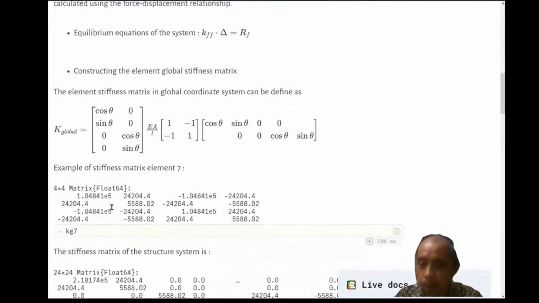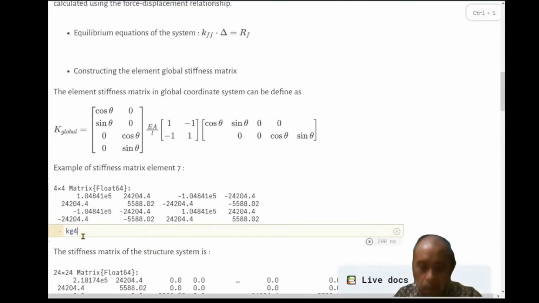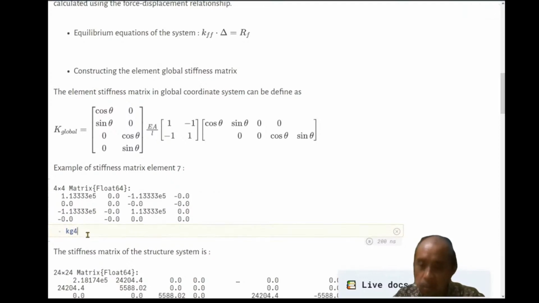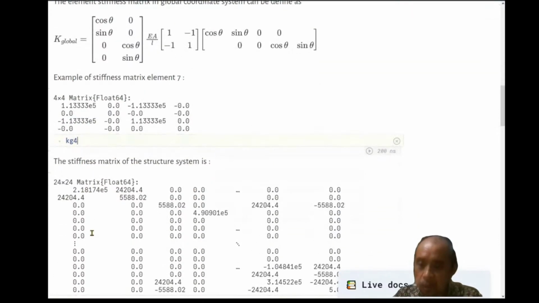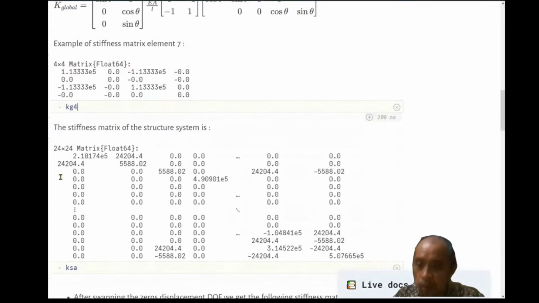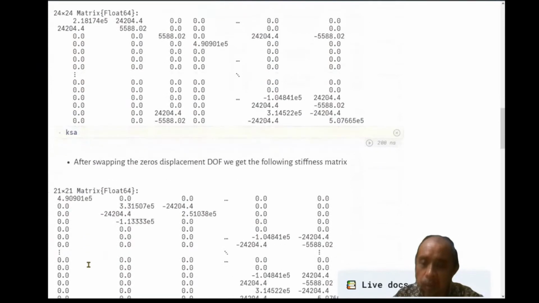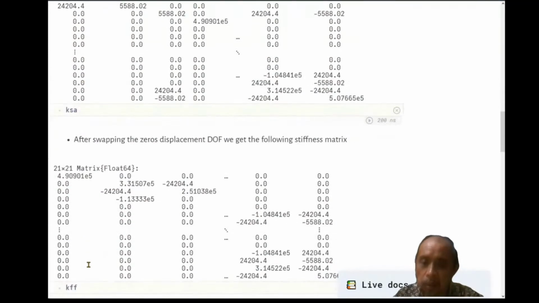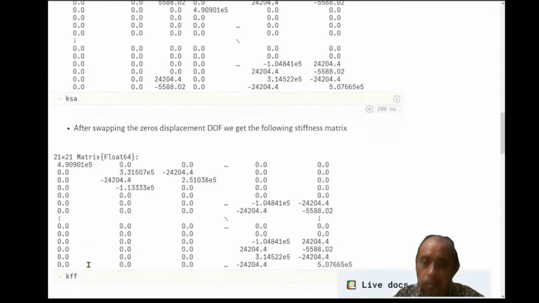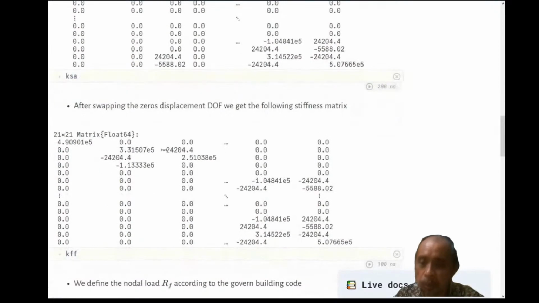So for example, we can get element 7 or element 4, and then we can assemble it into a global stiffness matrix of the structure, and then after we reduce it by 3 degrees of freedom with 0 displacement, we get the stiffness matrix.